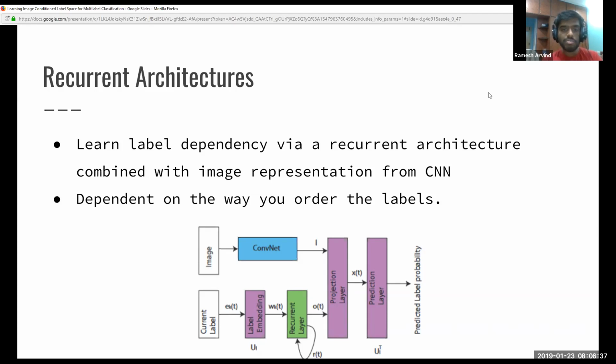The downside of this approach is that it's dependent on the way you order the labels. Depending on how you order them, your results will vary. And this doesn't make a lot of sense because in a multi-label setting, the output is like a set. There's no inherent order to it.